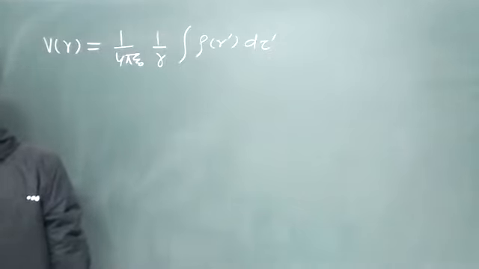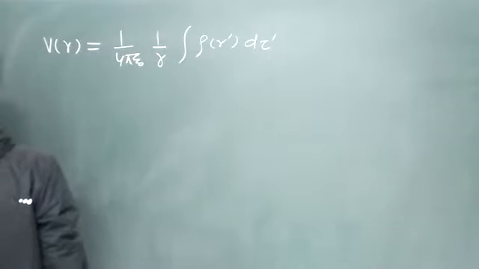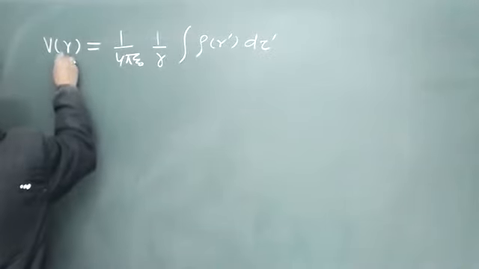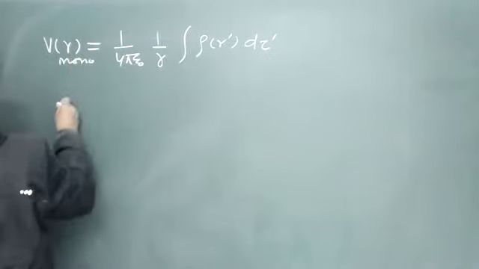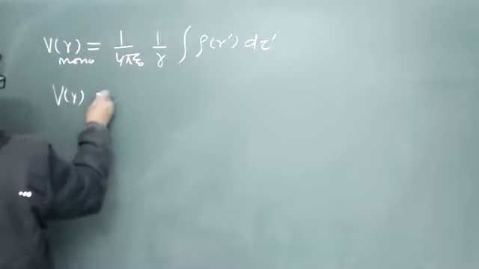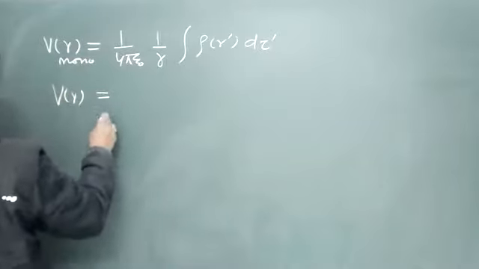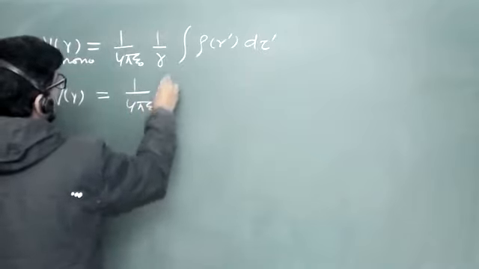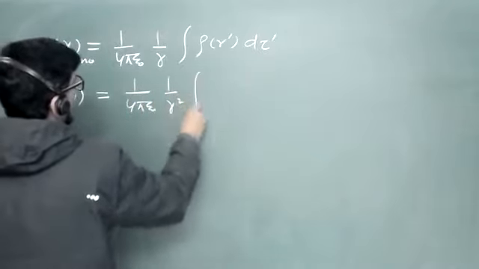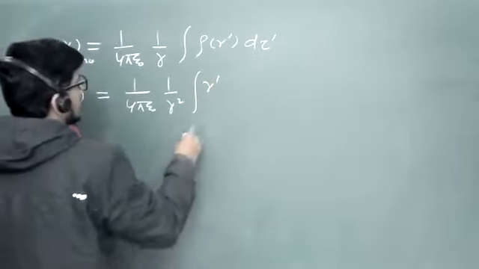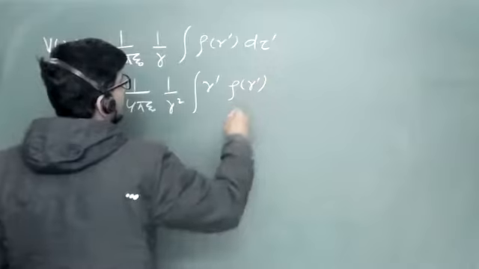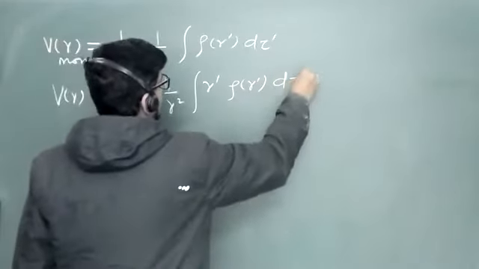This was the first term. So I can call this monopole. The second term, V dipole, will become 1 upon 4 pi epsilon naught, 1 by r square, integral r dash rho of r dash d tau dash.